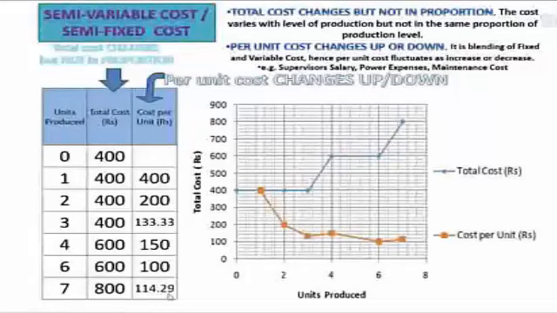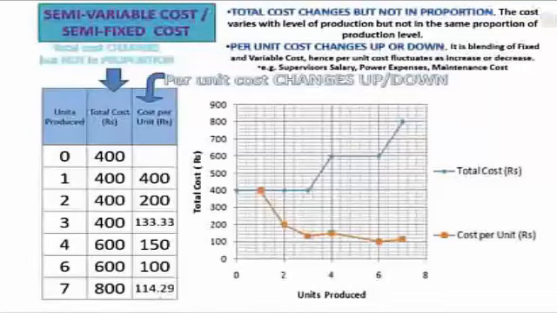Now the calculated figure, cost per unit, is behaving in a totally different way. It was 400, then it was 200, 133, then it has further increased to 150, then decreased to 100, then increased to 114.29. Here the total cost is changing, but not in the same proportion. And per unit cost goes up also and down also.